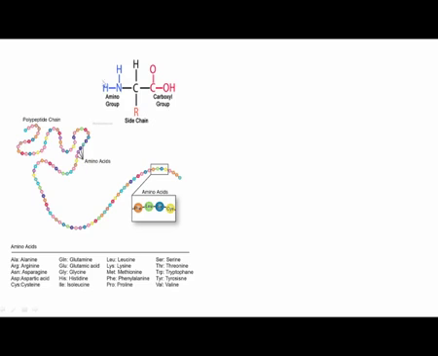While the backbone, that is the amino group, C alpha and carboxylate group with this hydrogen atom, remains constant, this R group, which is called the side chain, keeps changing, and depending on what the R group is, the different names of amino acids are given.